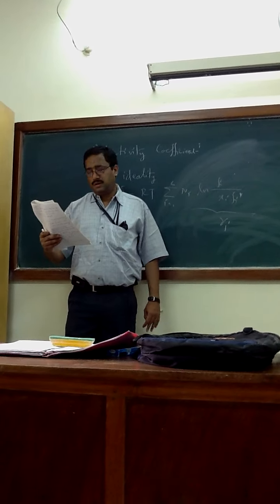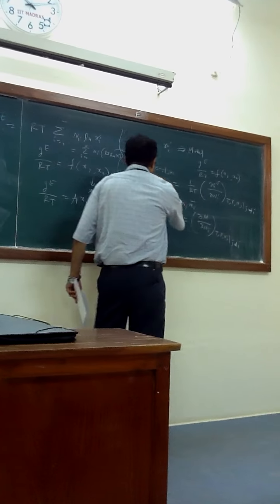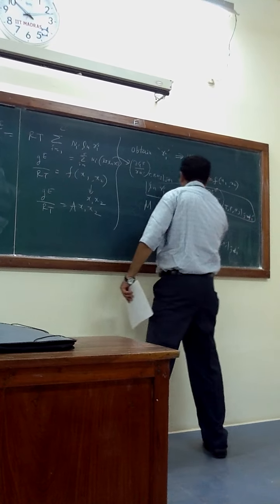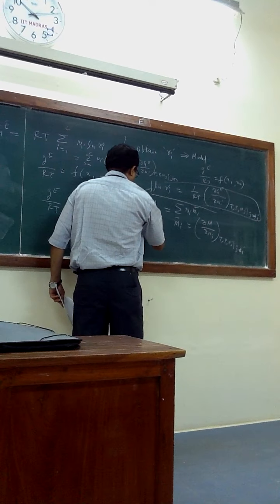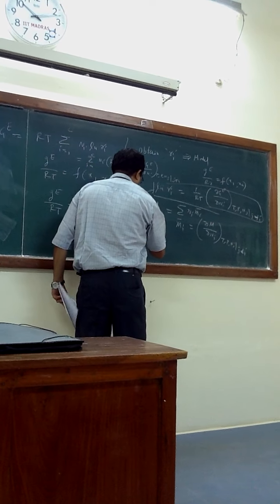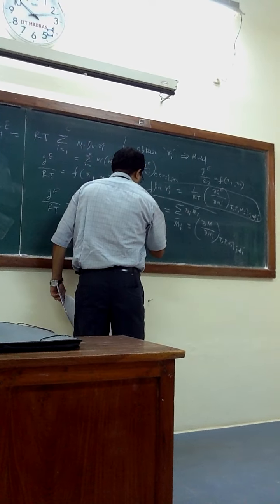So this is my key equation, which comes from the definition of excess property, the definition of partial molar property, and the definition of partial molar excess property. That's the starting point. First the model is decided, then you calculate capital GE by RT.